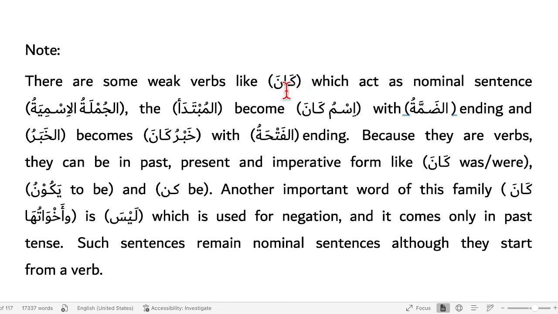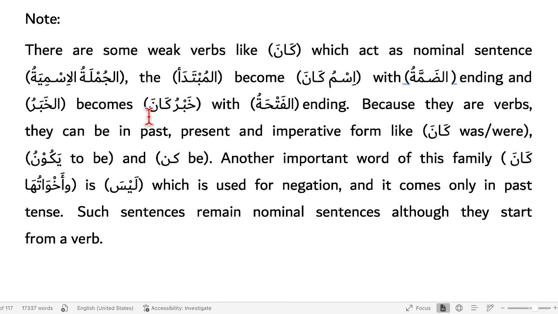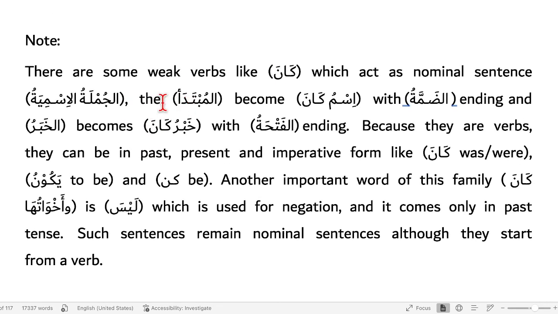When kana comes, it will be like a nominal jumla ismiya. So it's going to have mubtada and khabar. Its mubtada is called ismu kana and its khabar is called khabru kana. Ismu kana has a dhamma ending and khabru kana has a fatha ending.